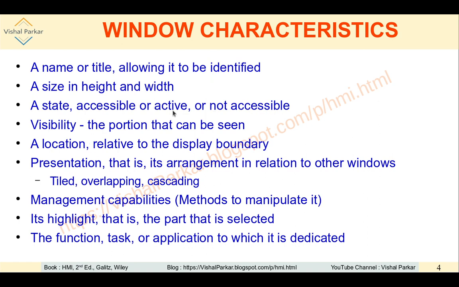Accessible is also called as active. Next is visibility. The portion that can be seen, whether it is completely seen or partially seen, etc. A location, which is relative to the display boundary, whether it is available in the center or towards the left of the screen, etc.